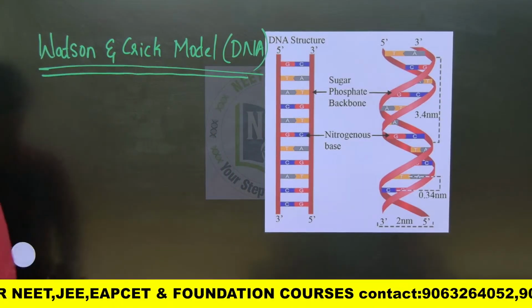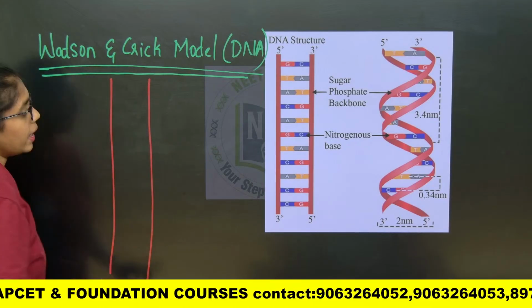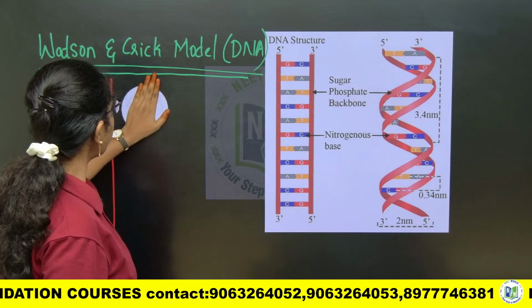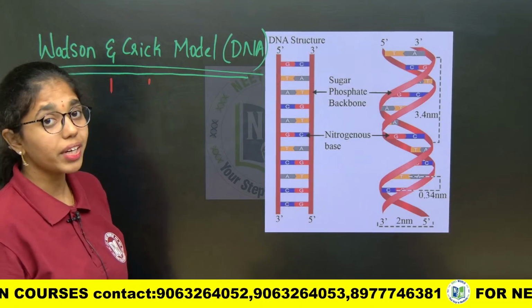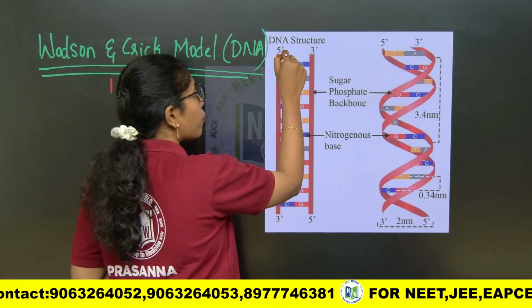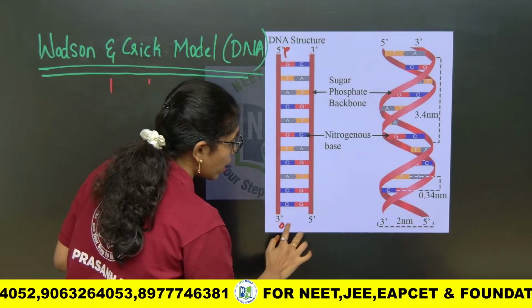What is present over here? Watson and Crick model, that double stranded DNA. Here you can see the double stranded DNA, one strand from 5 prime to 3 prime, another strand from 3 prime to 5 prime. Here if you can see, at fifth carbon phosphate group will be there, that is free, and at third carbon OH group is there.